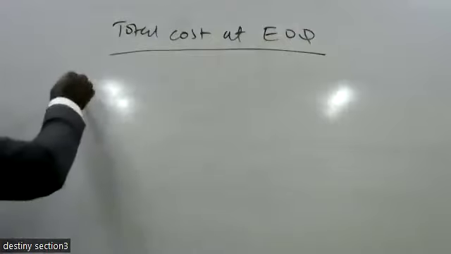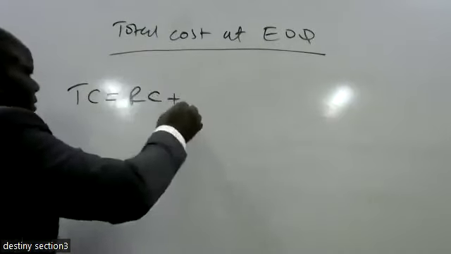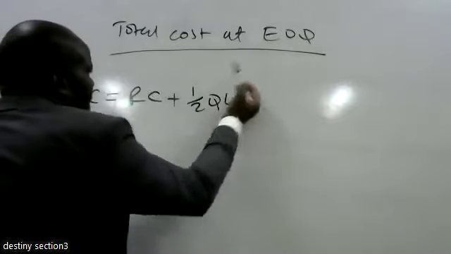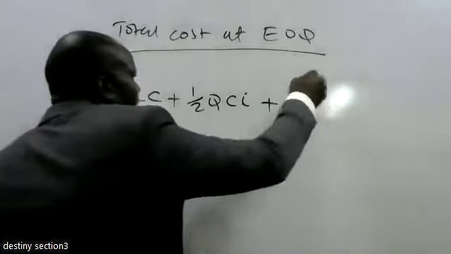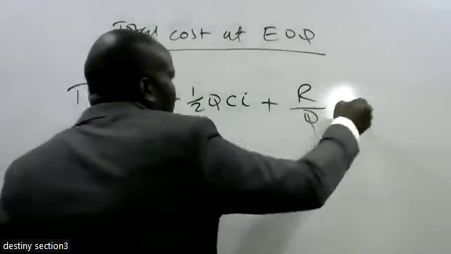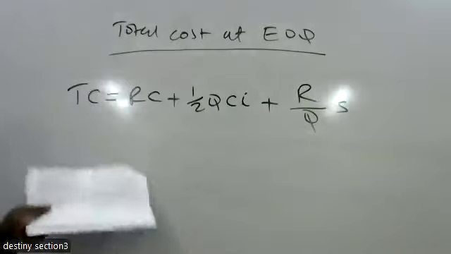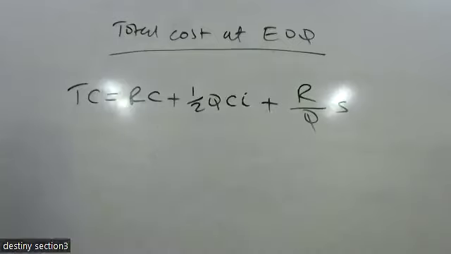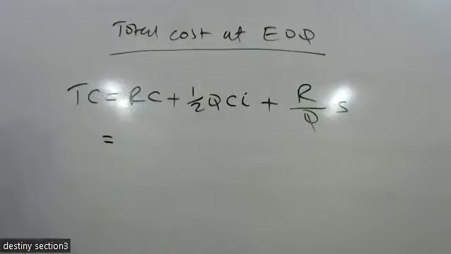So we have said that total cost is given by RC, then we add a half Q CI, then we add R over Q times S. We are seeing that to get the total, this is the purchase cost. This one is the holding cost. The other one is what? Ordering cost.